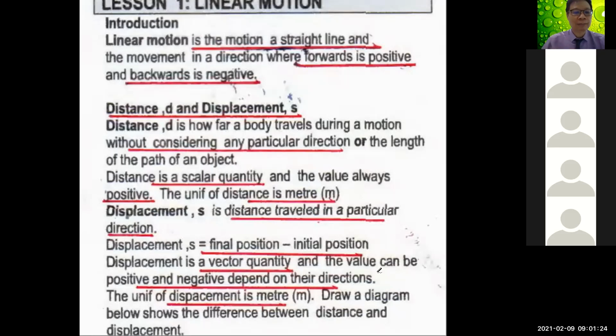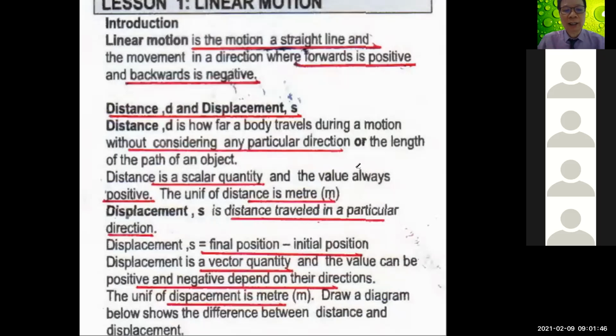The unit of displacement is the same as distance, also meter. Please bear in mind the difference between distance and displacement. So far, clear, everyone?